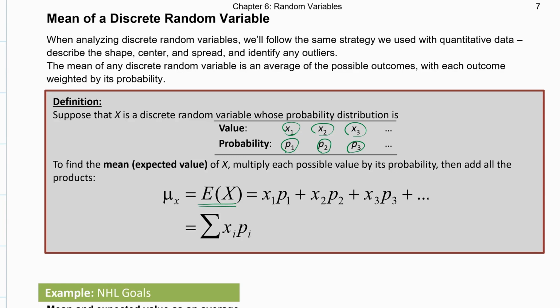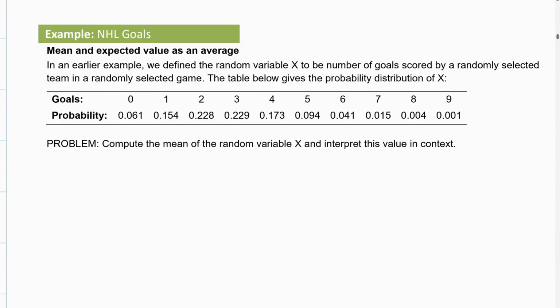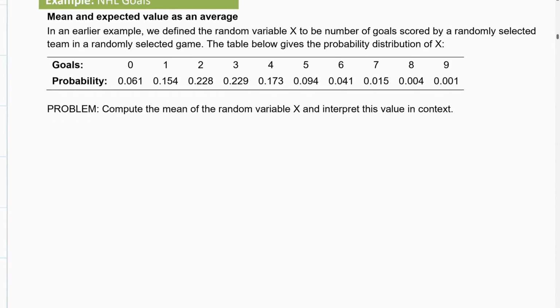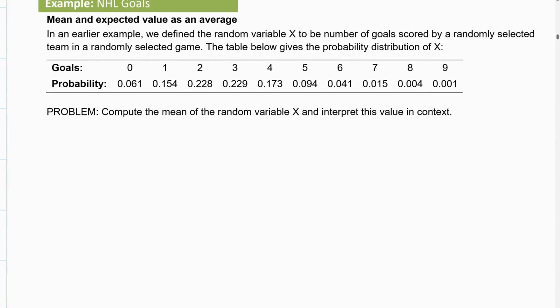Let's take a look at this through the lens of the data set that we looked at in the previous recording, and that has to do with NHL goals during the 2010 hockey season. It says, here are the goals scored by the teams and the probability of those numbers of goals being scored. It says, compute the mean of the random variable x.